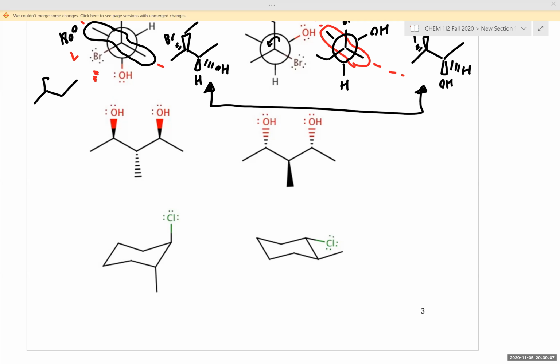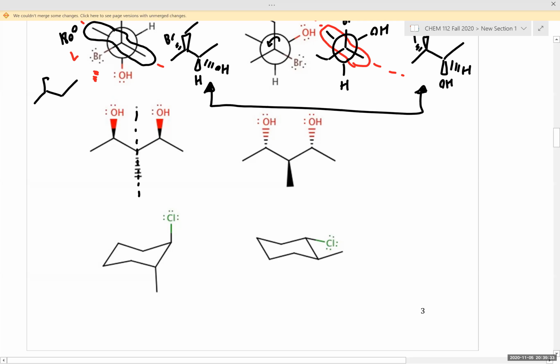So we think it's an enantiomer, but what's the problem? The word starts with S. This molecule would be considered... Is it symmetrical? Yeah, it's symmetrical.